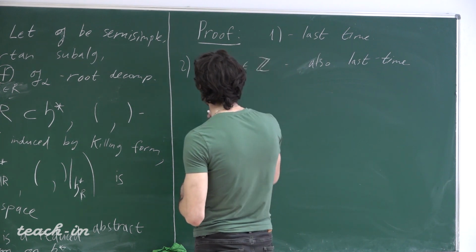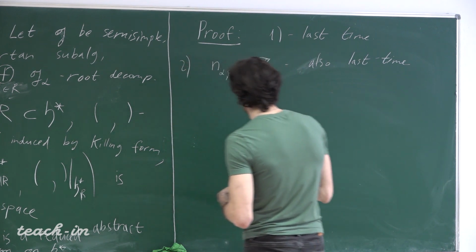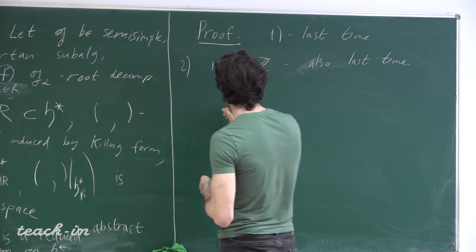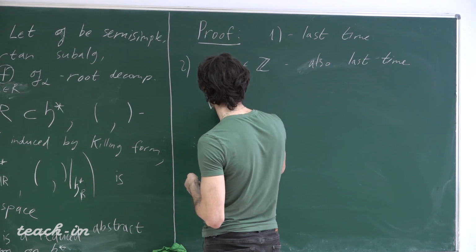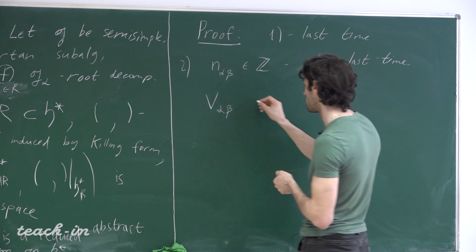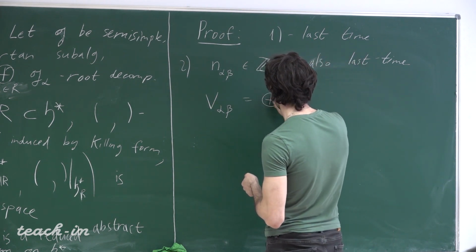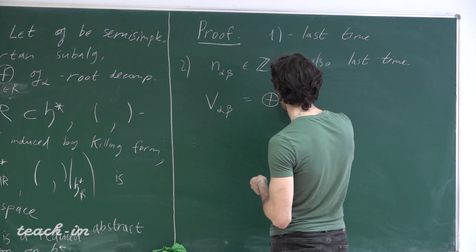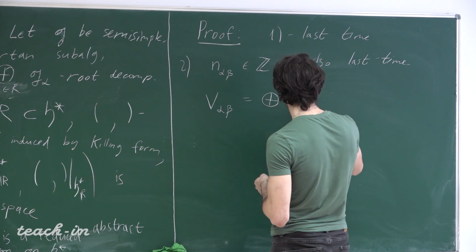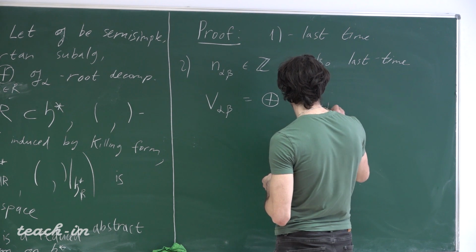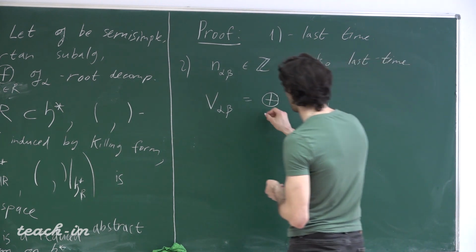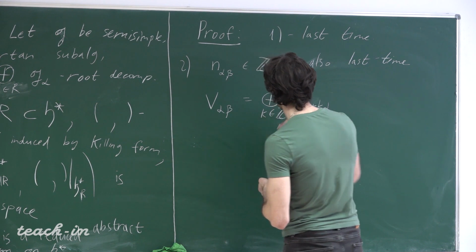So maybe we can even recall what we had. We had this V alpha beta, which is the sum of the following: g beta plus k alpha, with k running over integers.